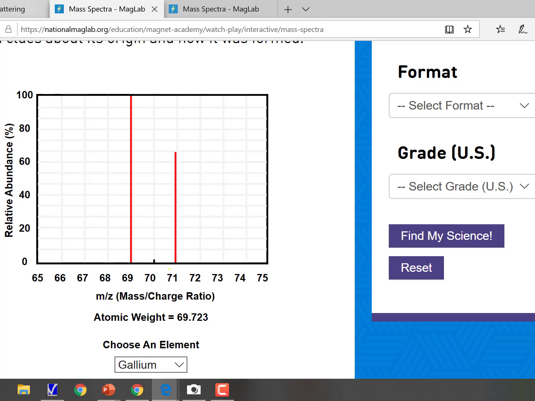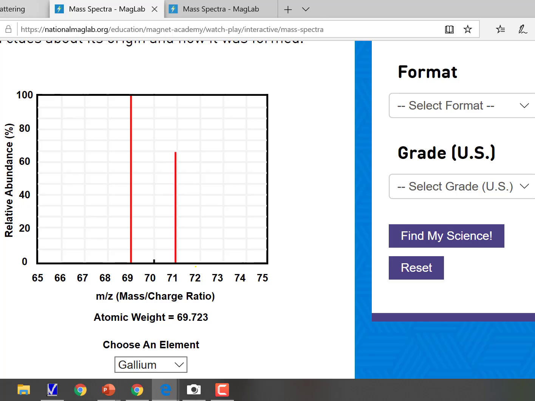But they were both gallium, so they had to have the same number of positive pieces, because that's what made them gallium. They didn't know they were protons, but they knew how positive they were. You could line up the elements by how positive you could make them. Hydrogen, you can make 1 positive. Helium, 2 positive. Lithium, 3 positive. So they knew they were both gallium, but they had different weights.